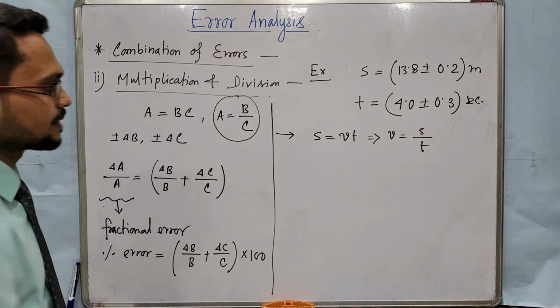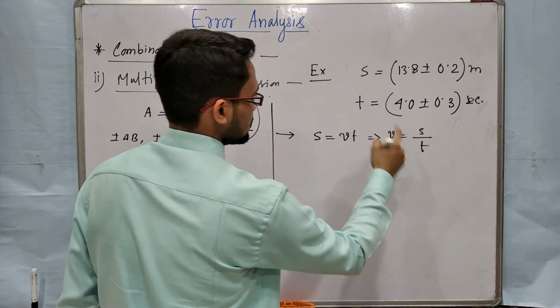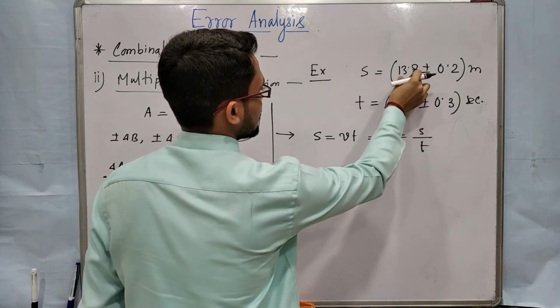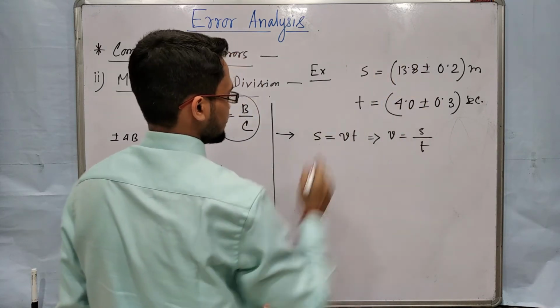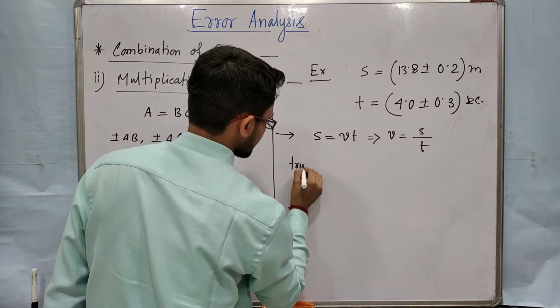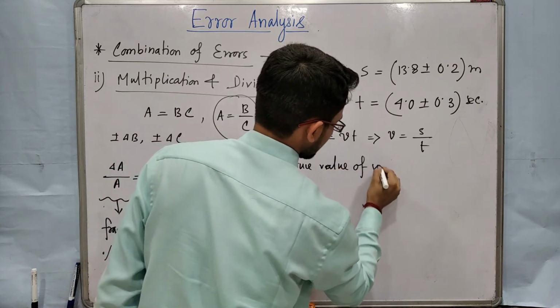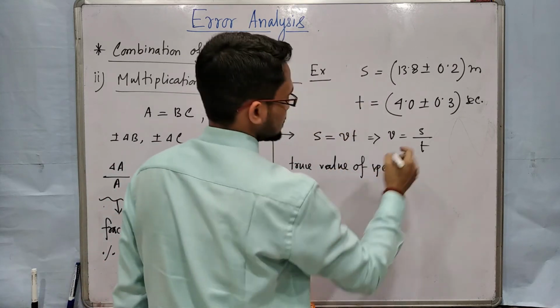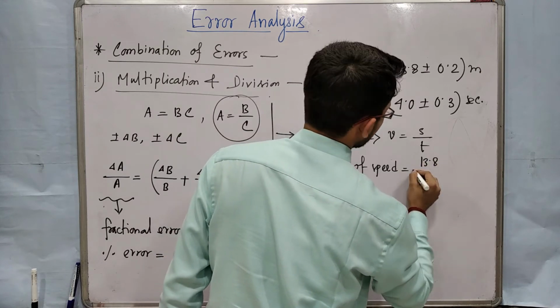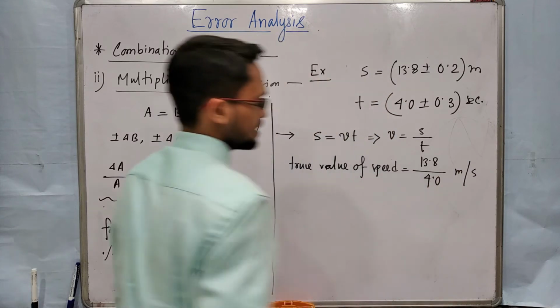Division. First calculate the value. V will be what? True value of S by true value of time. So true value of speed will be just 13.8 by 4.0, this much meter per second.